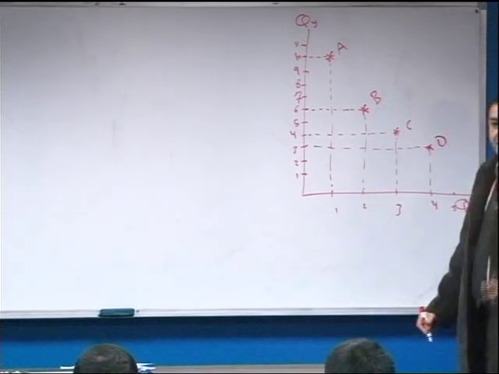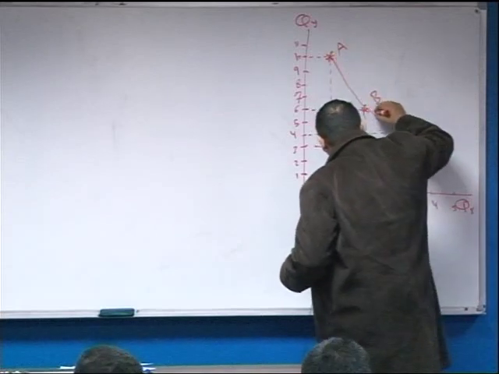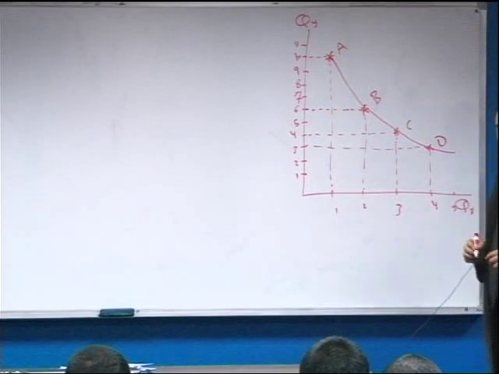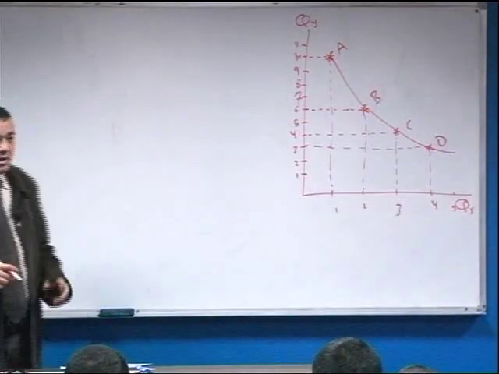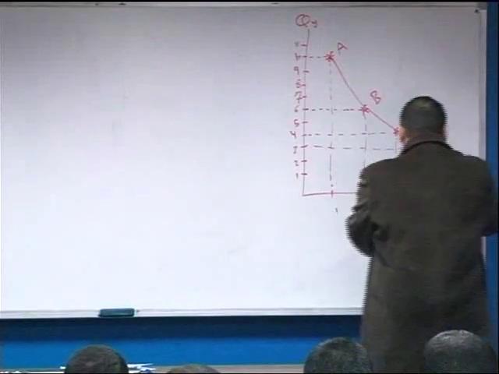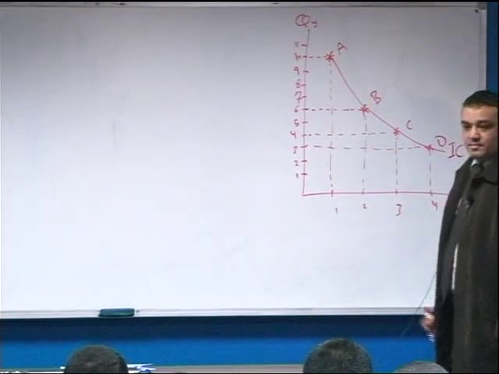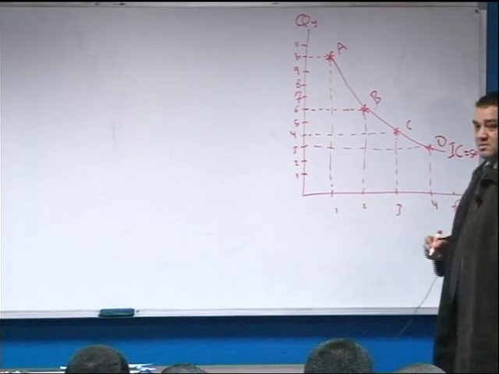Let us connect these points together. We will reach the indifference curve. This is IC. IC is the abbreviation of indifference curve, which gives the consumer 50 utils.